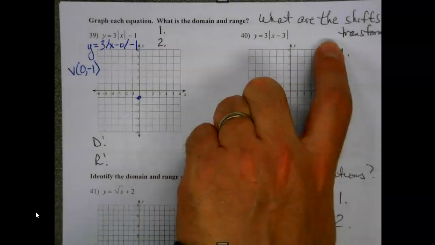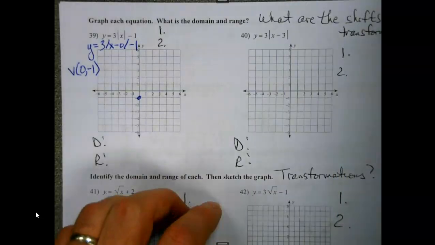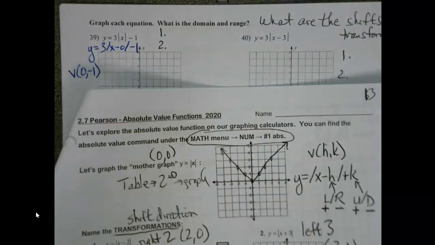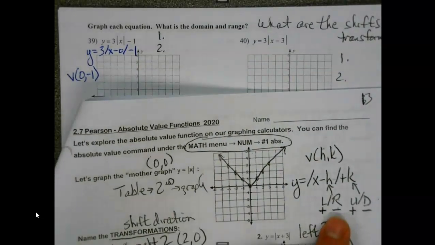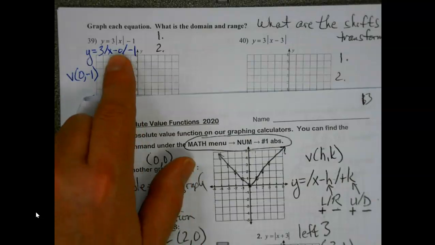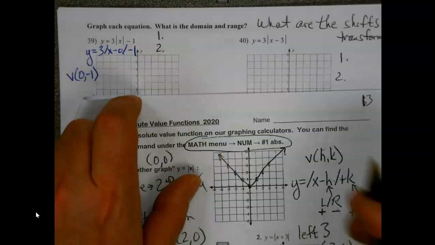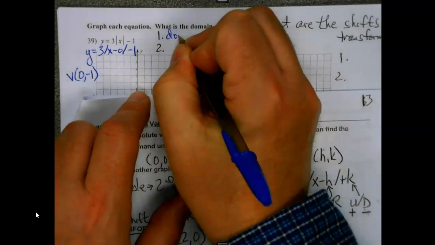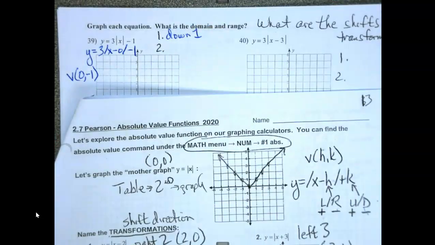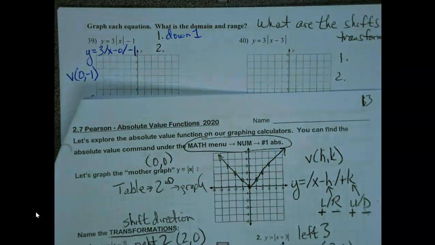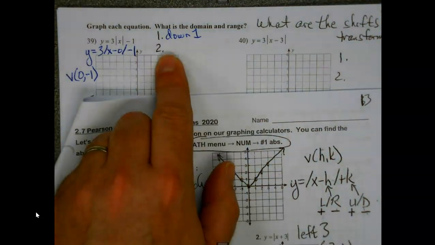What are the shifts? What are the transformations? Okay. We wrote them on the other side, but I'll just pull them up here on my notes. So here, I didn't go left or right any, but -1 on the outside means I'm going down 1. But Hardy, you got 2 blanks here. Why you got 2?